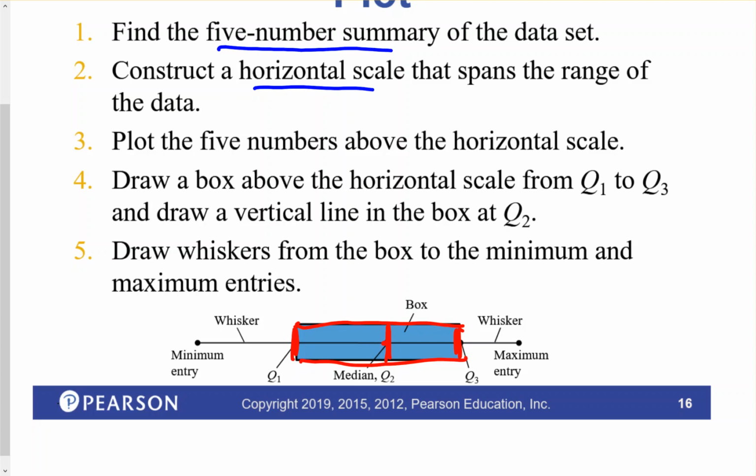Draw whiskers from the box to the minimum and maximum entries. So your whiskers are what connects the low end to the left side of the box and the high end to the right side of the box. Those are our whiskers.